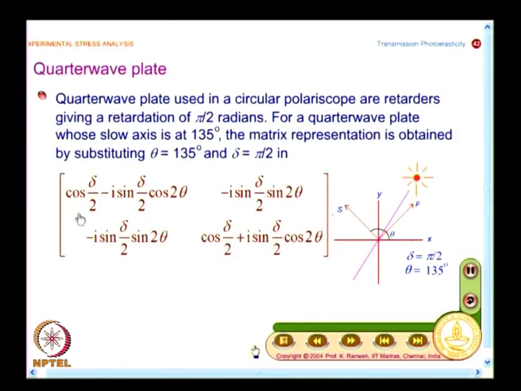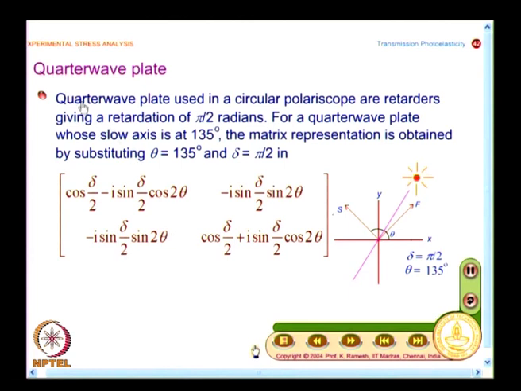You know the retarder is cos delta by 2 minus I sin delta by 2 cos 2 theta, then minus I sin delta by 2 sin 2 theta, minus I sin delta by 2 sin 2 theta, similar terms here, this is symmetric actually, cos delta by 2 plus I sin delta by 2 cos 2 theta. This is the representation of a retarder.